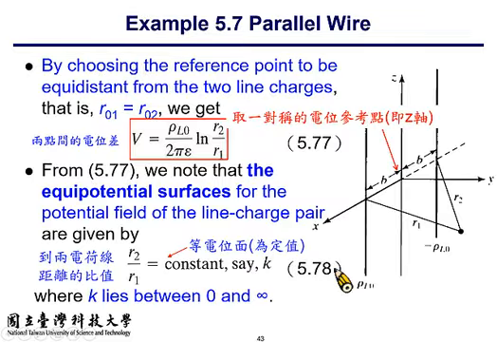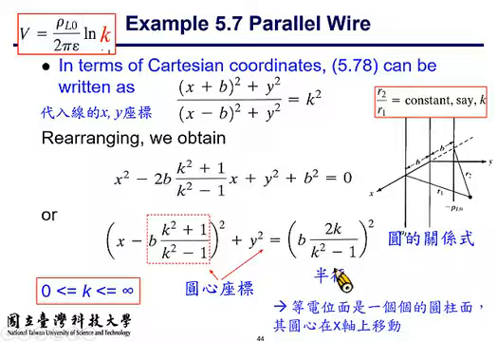So this place will be the position of highest potential, and this location will have the V minimum. So this place is the V maximum based on this relationship. And this is the result for two very thin wires. And here are some further discussion about the result.